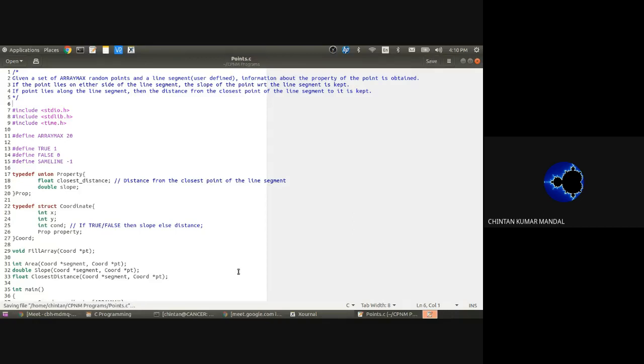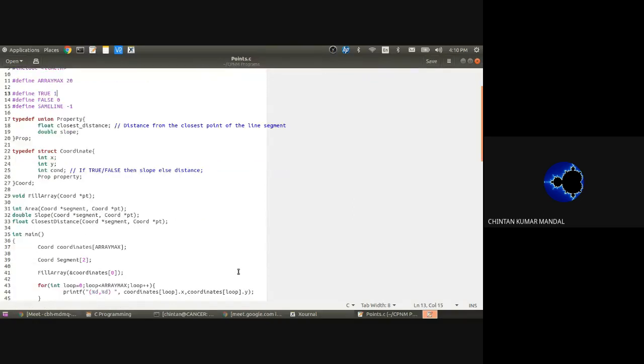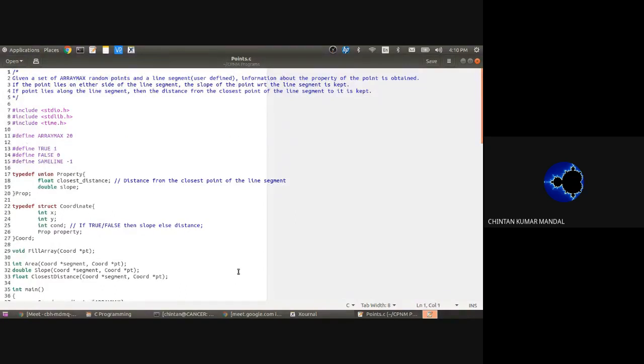So this is your total problem statement. Just check whether it is all right or not. Are we doing something else or are we not doing something else?